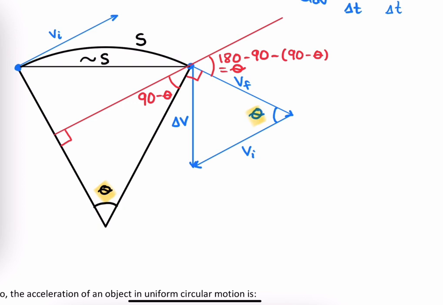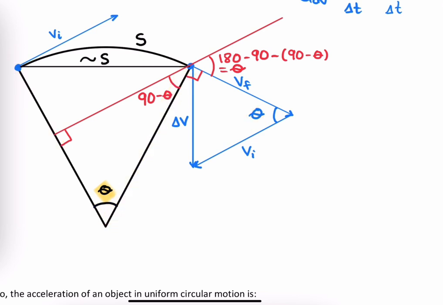And then my pizza triangle has two sides on either side of theta that are the same length. Both of those are the radius of the circle. And on my blue triangle here, I have two sides on either side of theta that are both the same length. VF and VI are going to be the same, at least their magnitudes will be, because we're in uniform circular motion, so speed is constant.